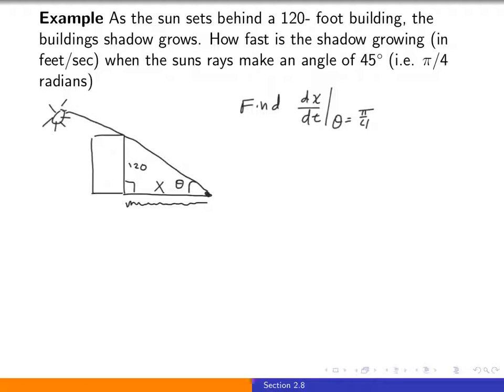So it might be more convenient to say cotangent of theta is x over 120. Now when we differentiate both sides implicitly, we will get the dx/dt, which we are hoping to solve for, but then we'll also have a d theta/dt appearing.